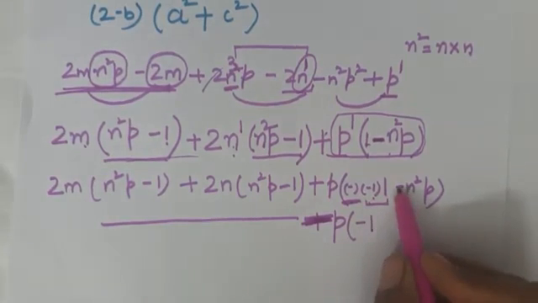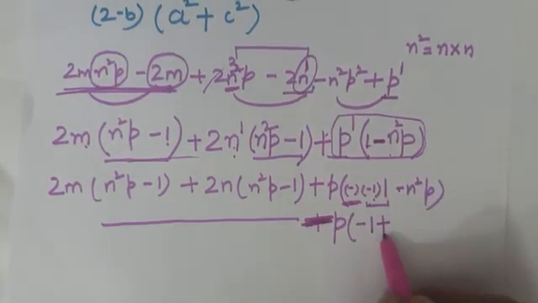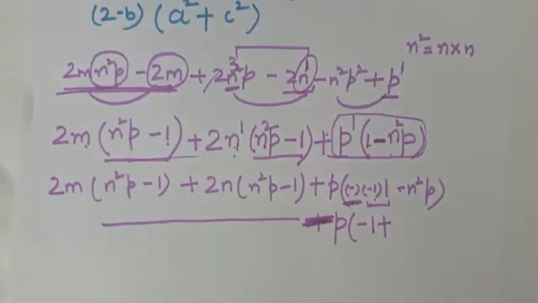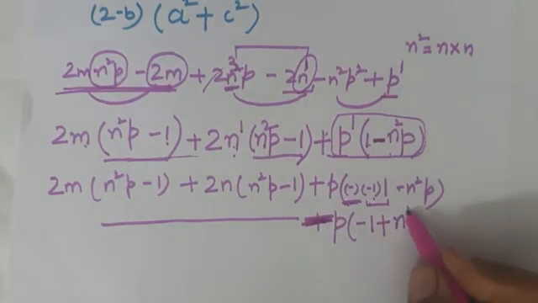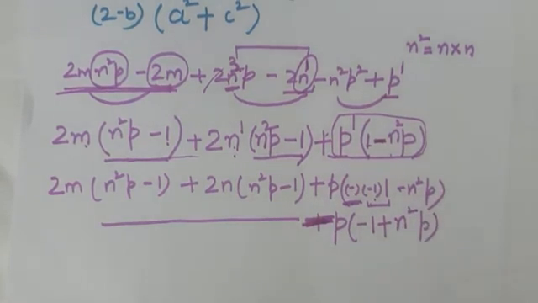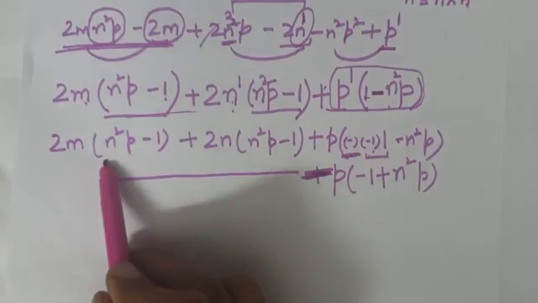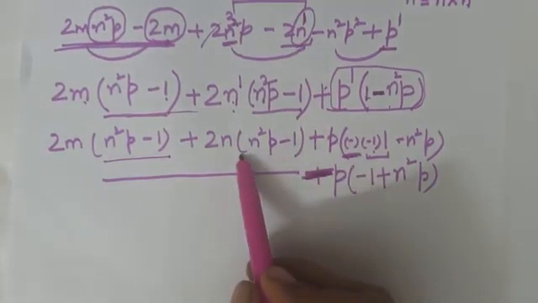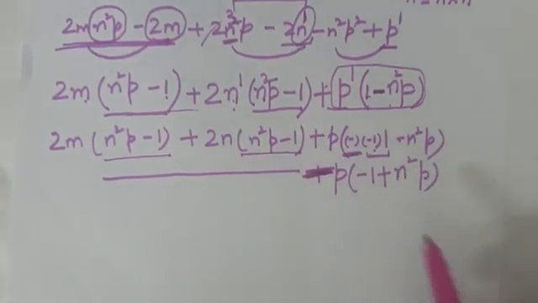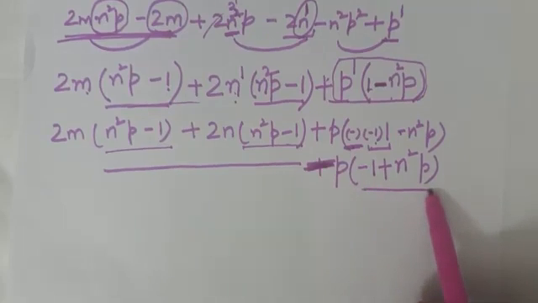And this negative sign common. So what is left? Plus. No sign means plus here. n square p. Now children, see carefully. There is n square p minus 1. There is n square p minus 1. And there is also n square p minus 1.